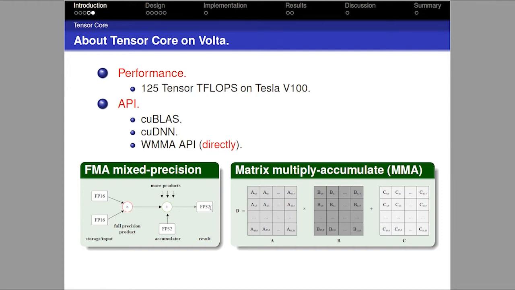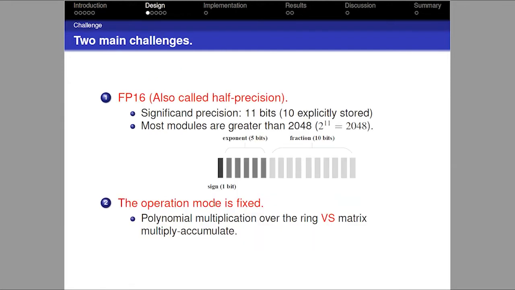And then we intended to apply Tensor Core for lattice-based cryptography. There are two main challenges. Firstly, the float point 16, also known as half precision, is limited.